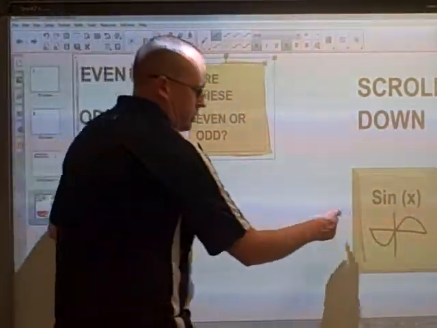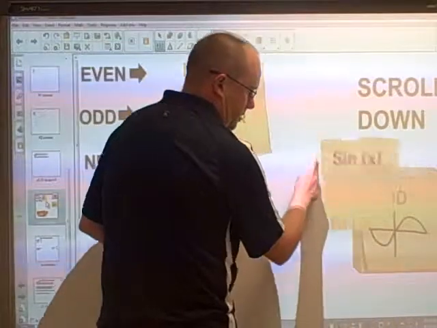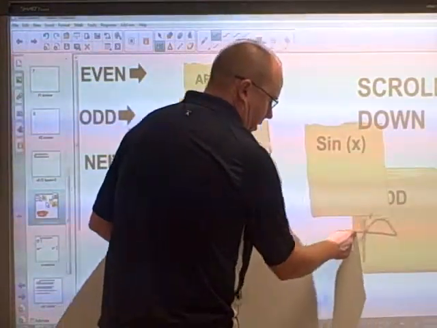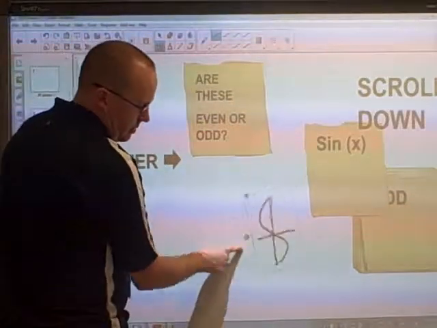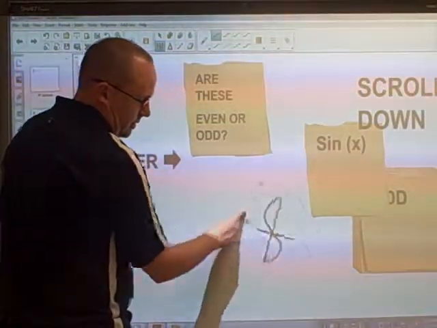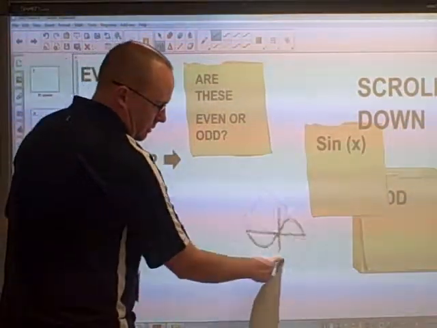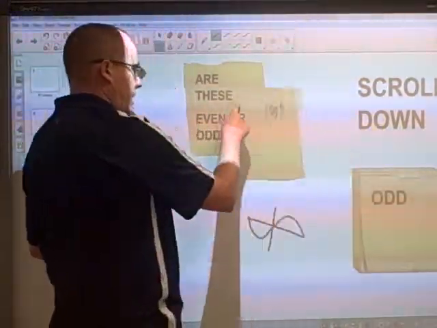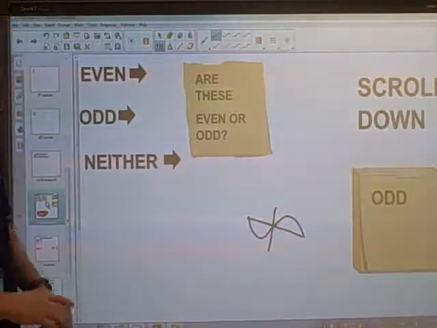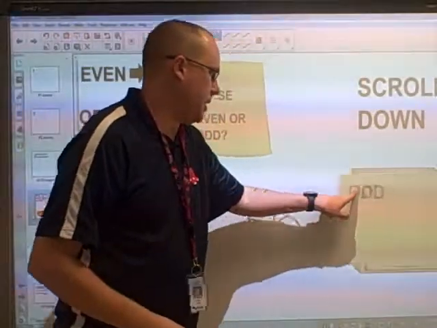And if we use some of our tools on here, there we go. If I turn this upside down, you can see that it looks exactly the same. So if you rotate this around 0, 0, you end up with the same graph. So that tells you that sine x is an odd function, which is what the answer says here.